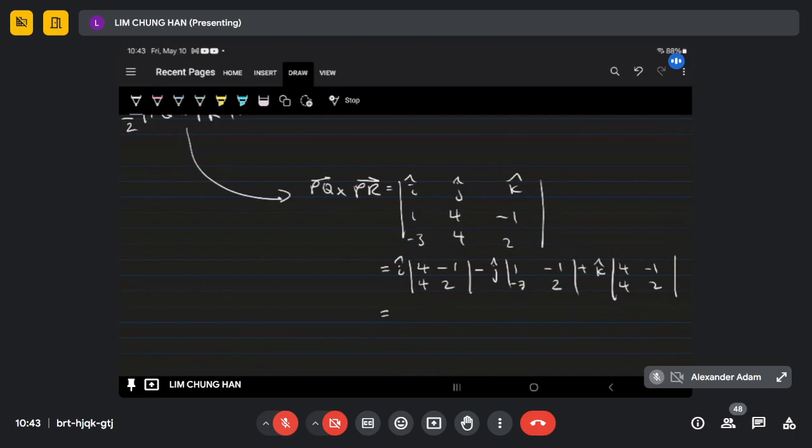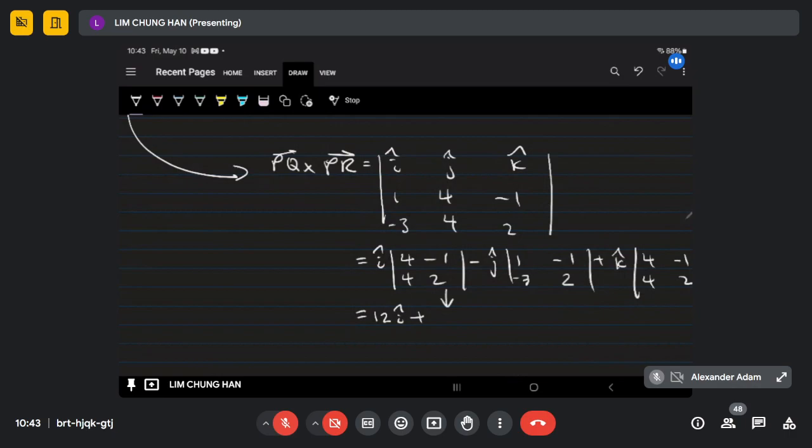After you do everything, you should get this answer, 12i. Do this on your own. I will give you the answer now, but make sure you can get it. Don't just copy down whatever I write, because in the exam, if you don't practice how you get from one step to the other, you will definitely get it wrong.